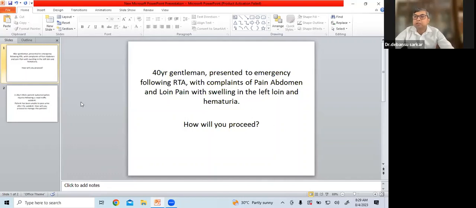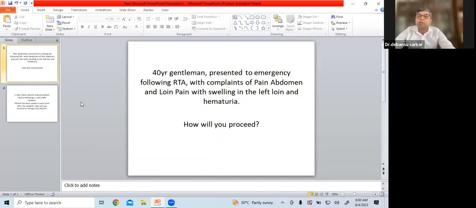Third is when somebody else has explored for other injuries and you are called during the operation because they find a perinephric hematoma. Fourth is when CT scan indicates the need to explore the kidney: a grade 4 or 5 trauma, whether the patient is hemodynamically stable or not, hardly matters. So these are the indications for exploration.